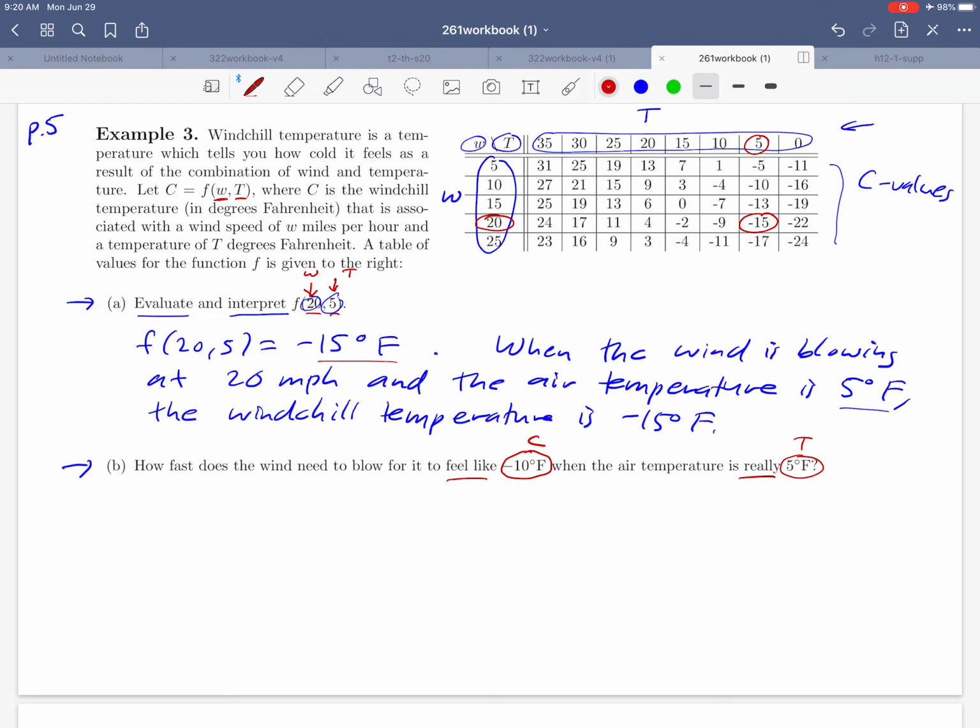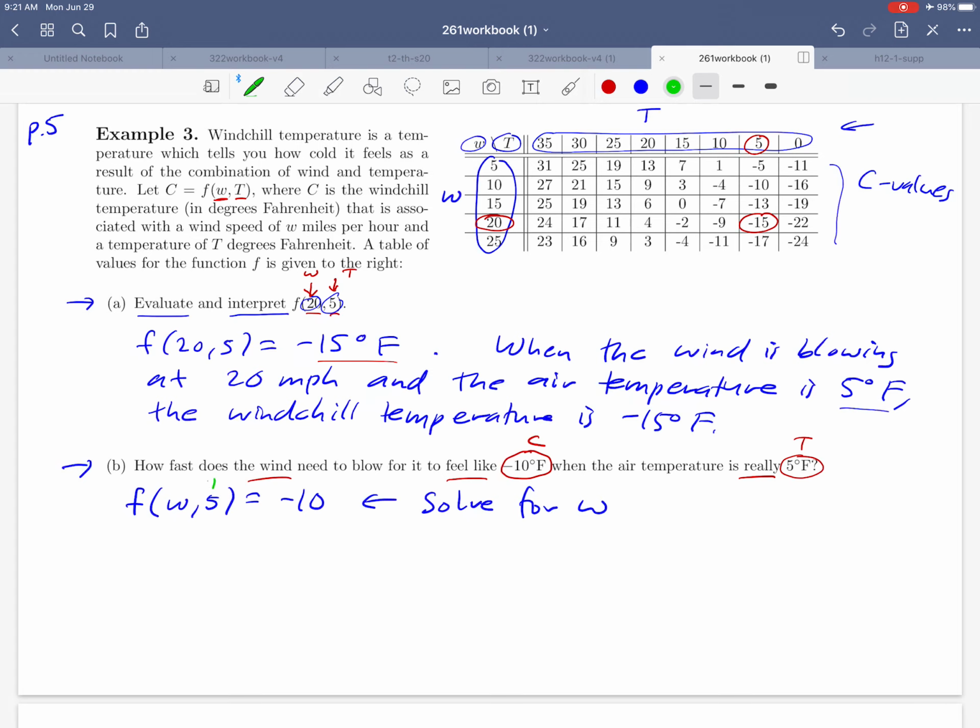So what we're being asked to find then essentially is the wind speed. If we put this in mathematical terms, it's like saying, can we solve the equation f of w and 5 equals negative 10? We'd like to know what wind speed makes that a true statement. And we can answer that question by going up to our table here.